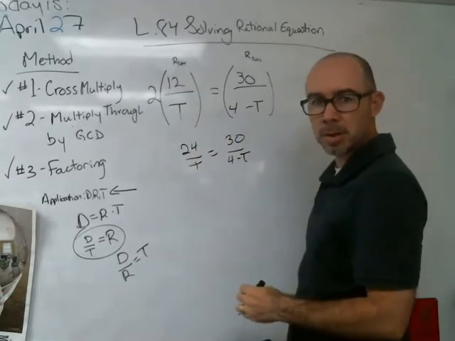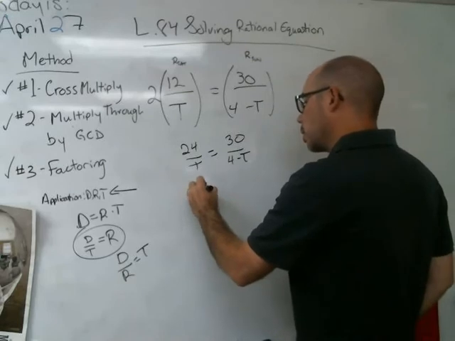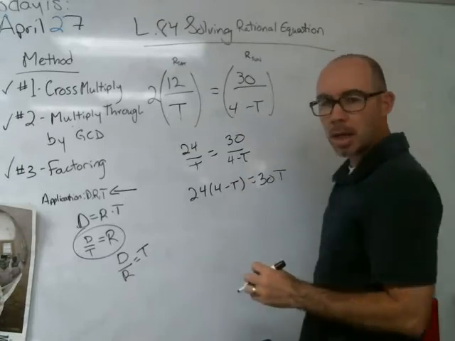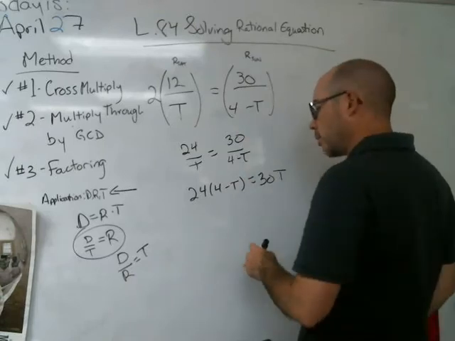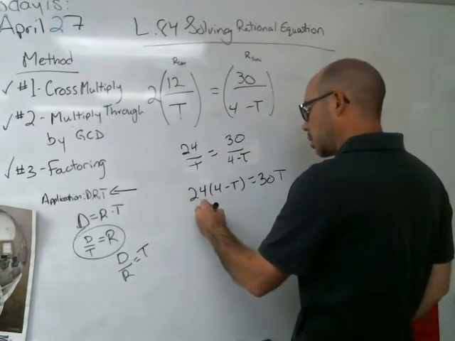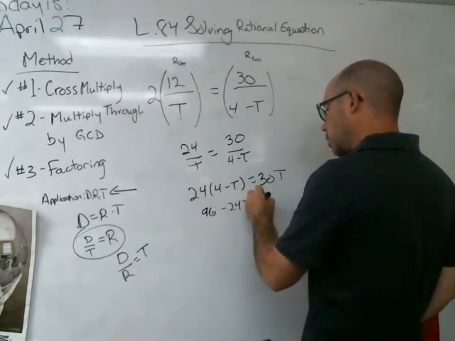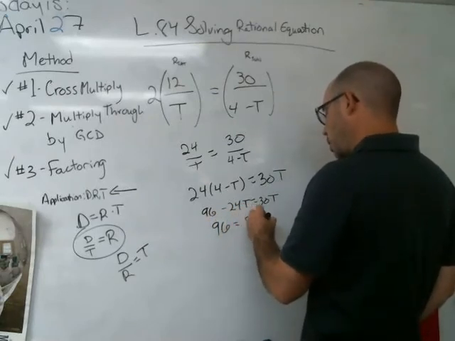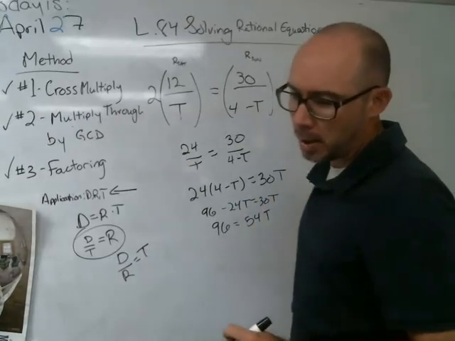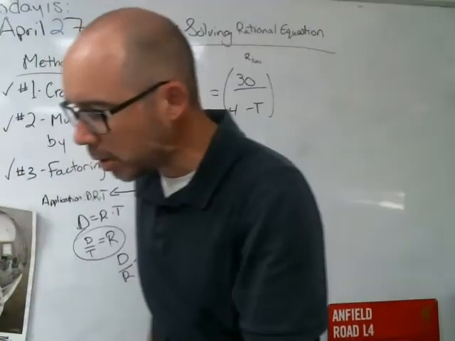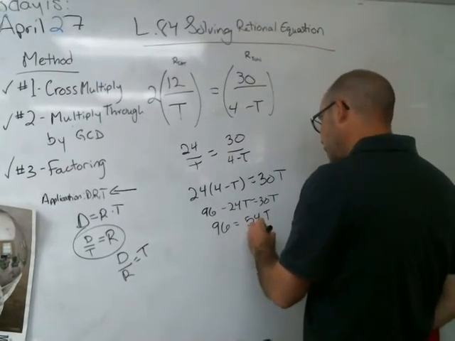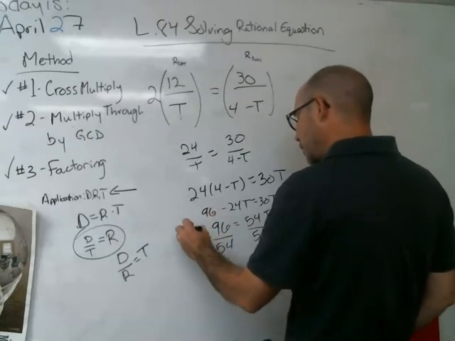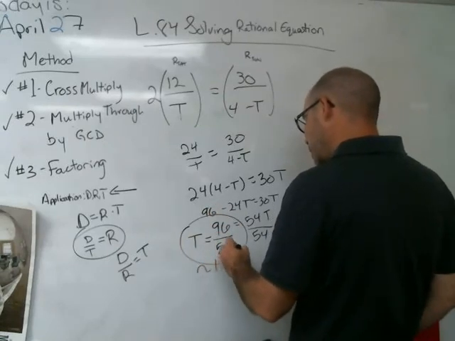This looks like a cross multiplication type of problem for you. 24 times 4 minus t equals 30t, and then off we go for solving the problem. 96 minus 24t equals 30t. 96 equals 54t, and then finishing it off, and what do they get? 1.7777 repeating.